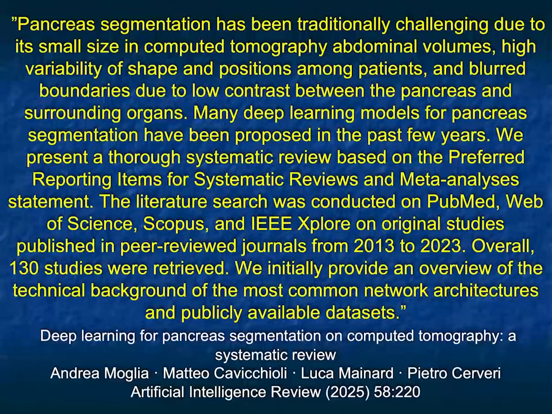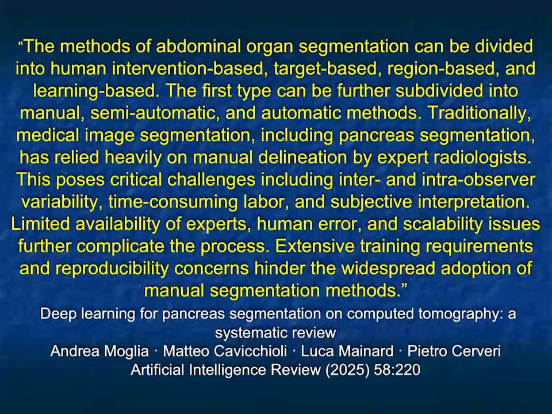In this article by Moglia, just recently published, talking about pancreatic segmentation being very difficult. Again, we've done a lot of work with segmentation. We have people who segment the cases. That's very expensive. It takes nearly an hour a case. How do you do things better?